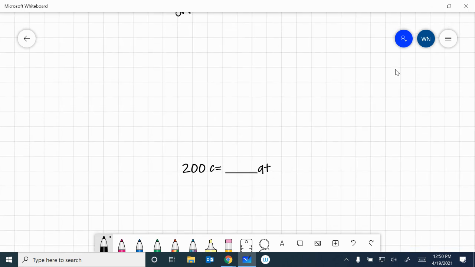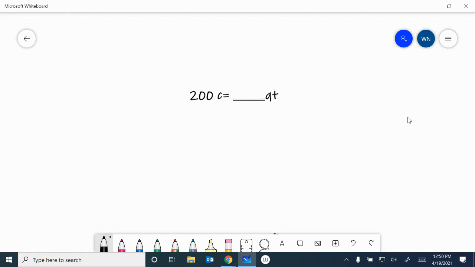I'm going to have you try the next one on your own. 200 cups to quarts. Go for it. So for this one, you should know, this is going to be a 2-level one.